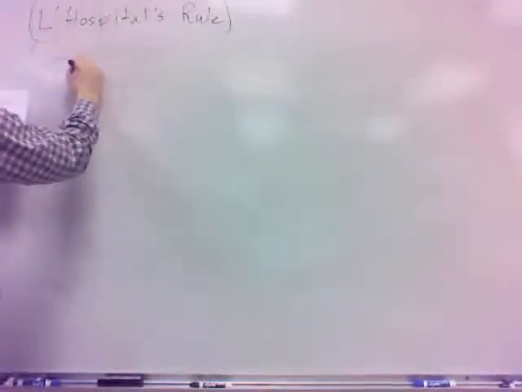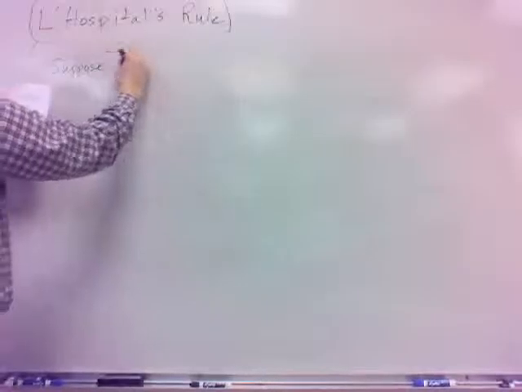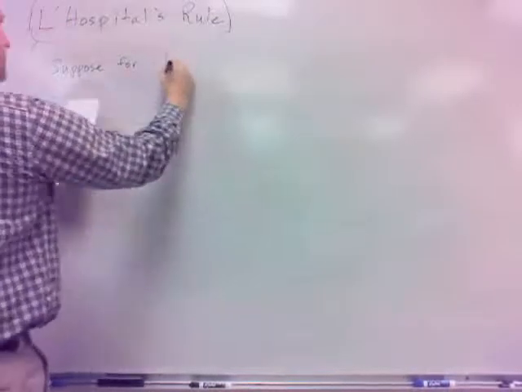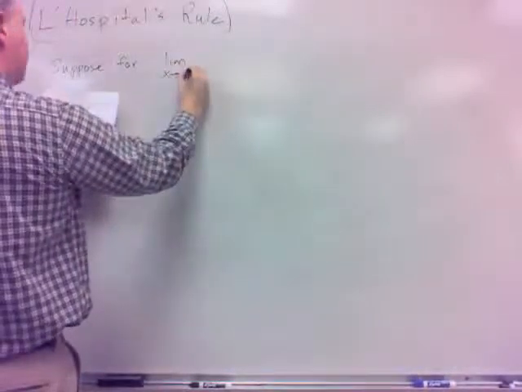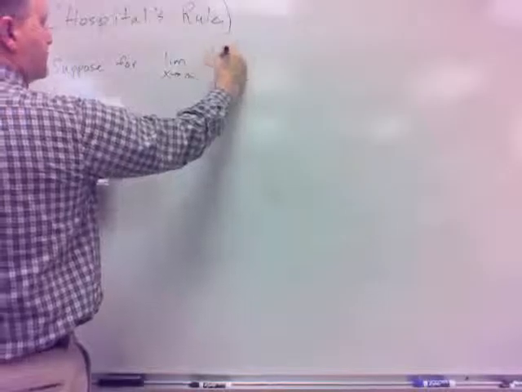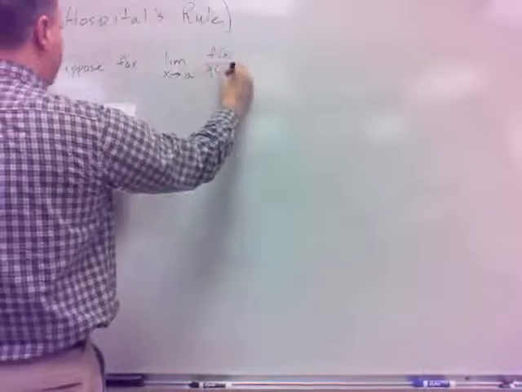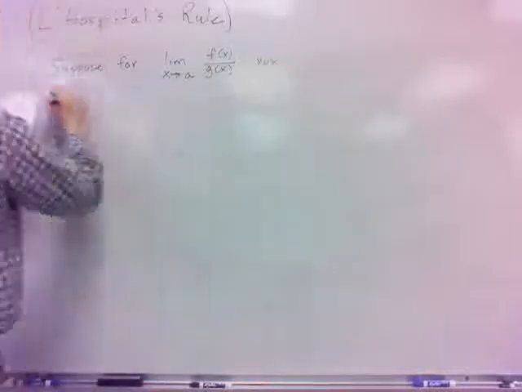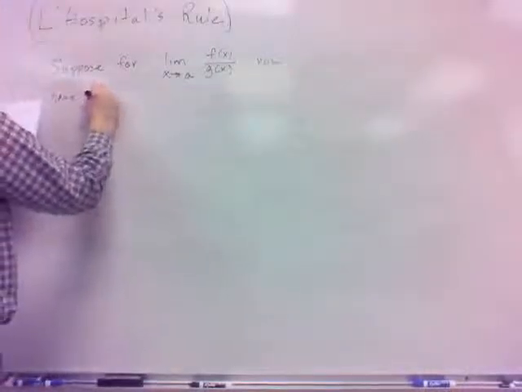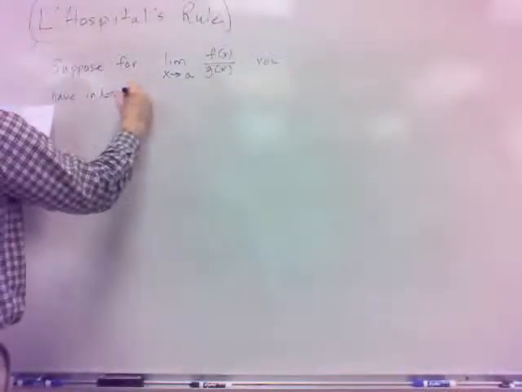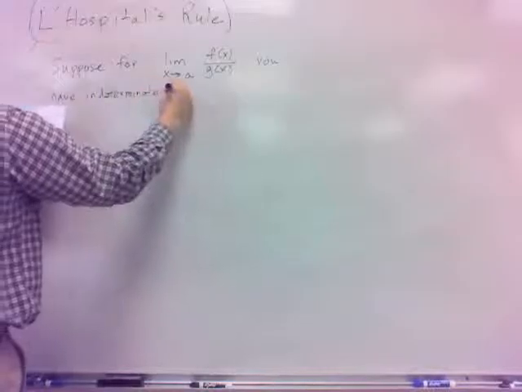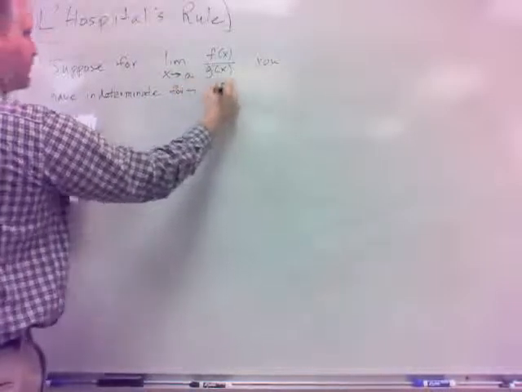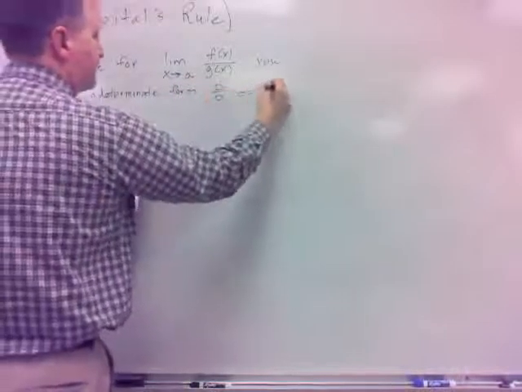Suppose for the limit as x approaches something, call it a, of f of x over g of x, suppose for that limit you have the indeterminate form 0 over 0 or infinity over infinity.